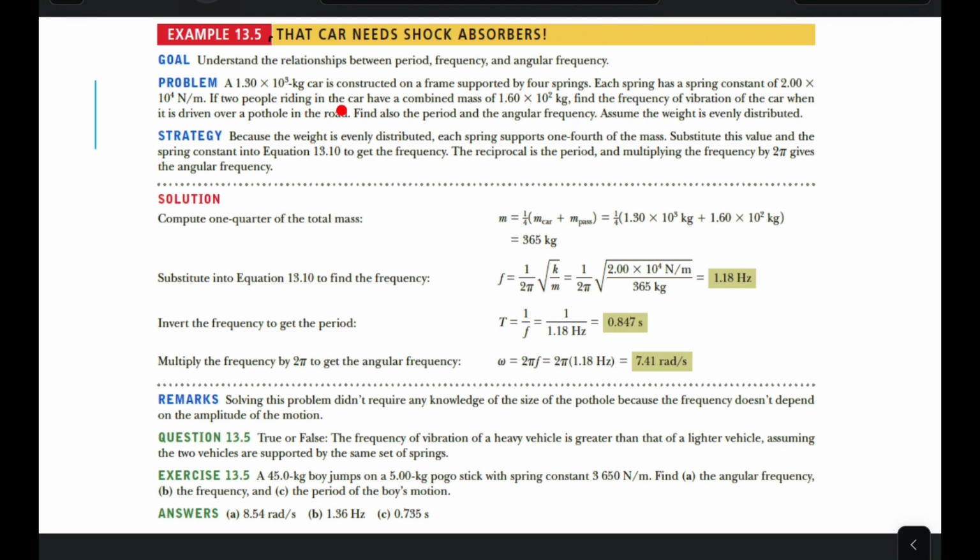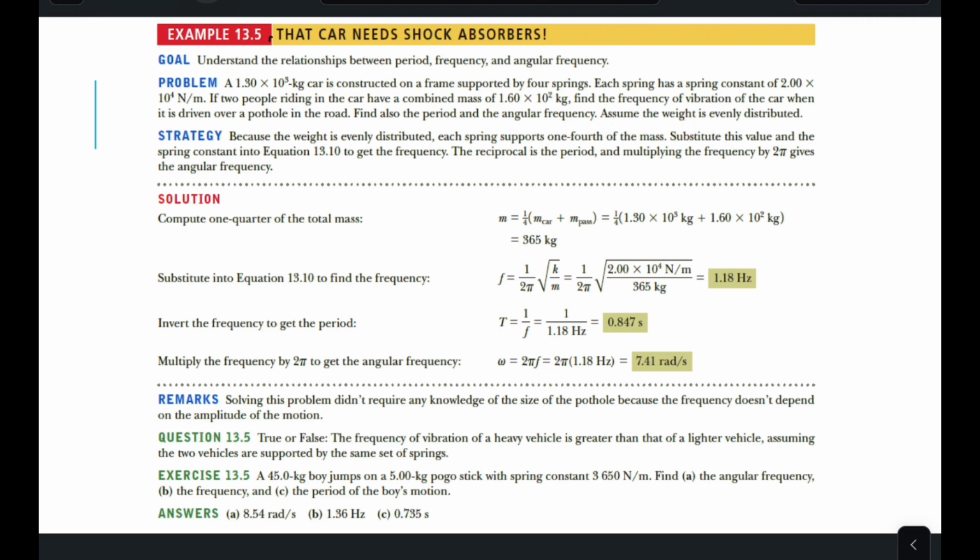If 2 people riding in the car have a combined mass of 1.6 times 10 to the power of 2 kilogram, find the frequency of vibration of the car when it is driven over a pothole in the road. Find also the period and the angular frequency. Assume the weight is evenly distributed.